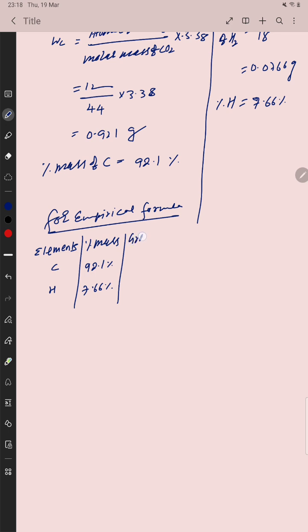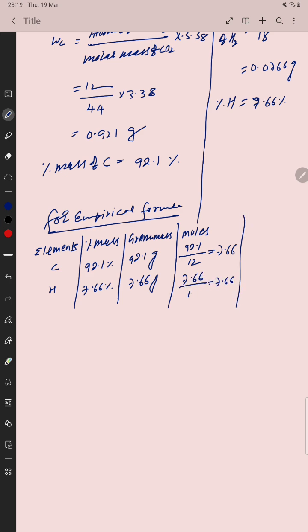Then gram mass, we have to calculate: same, 92.1 gram, 7.66 gram. Moles: 92.1 divided by atomic mass 12 is 7.66, and 7.66 divided by atomic mass of hydrogen 1 is 7.66 mole.